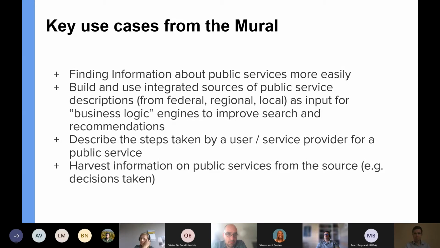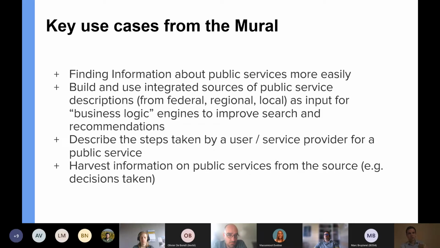The second was, thanks to common descriptions, to a harmonized data model, I want to be able to actually use and integrate information coming from different sources independently from the public administration, region, community, etc., and harvest it and collect it in one place, so that I can put some business logic next to it. And this would also improve the searchability and also the machine processability of information.